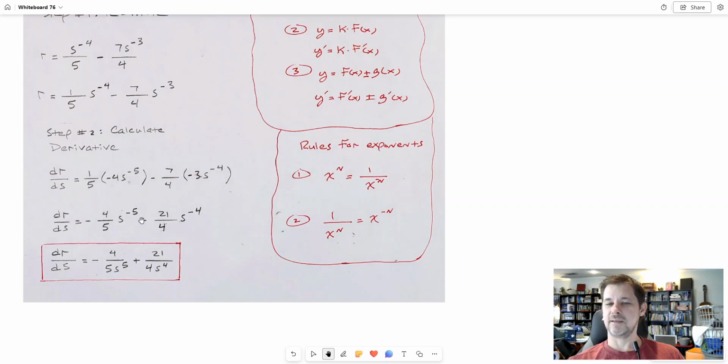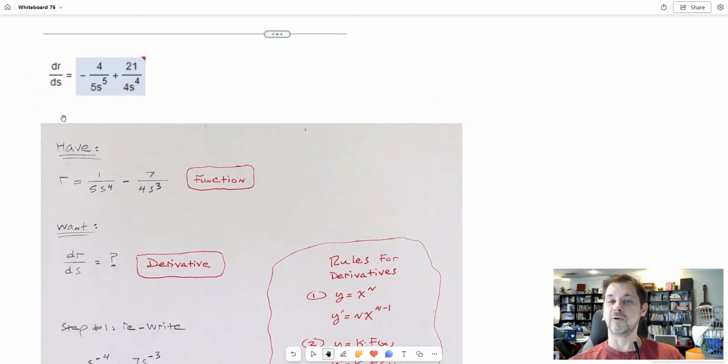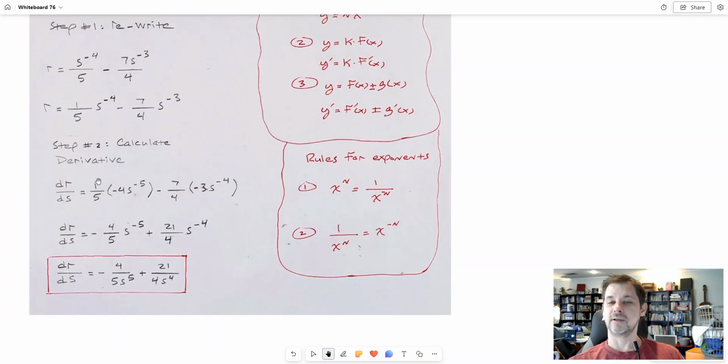So I can move them under the fraction bar, and they will become the opposite of whatever they are. So negative 5 will become 5, and negative 4 will become 4. And so I'll give you my final answer like that. That is the final answer given in the question here on MyMathLab. All right, so I think you should expect to carry it all the way down to that.